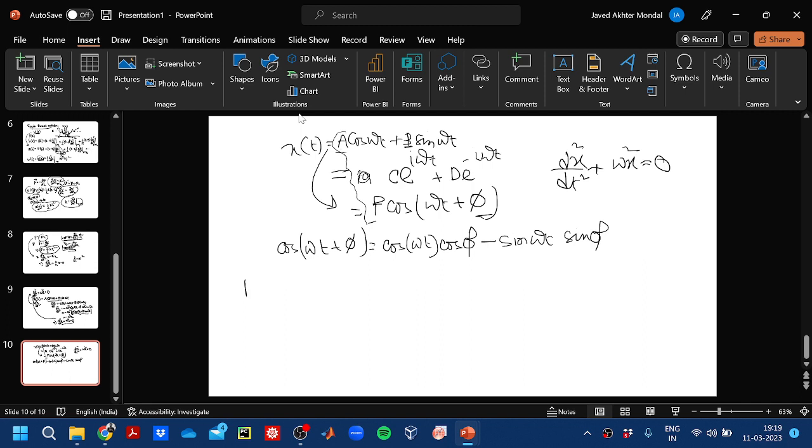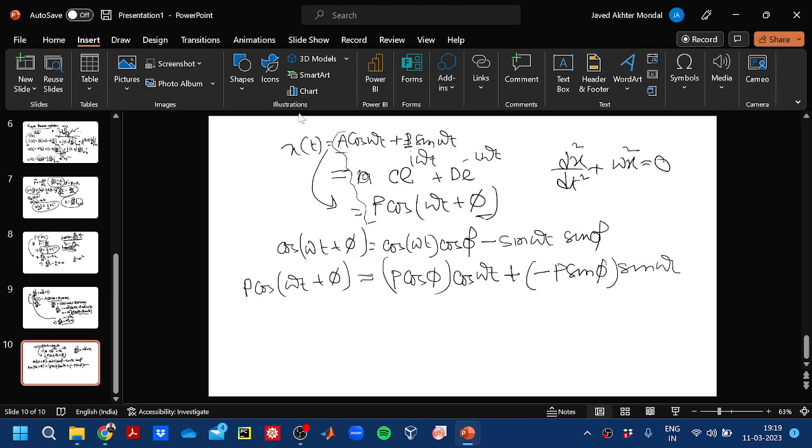So p cosine of omega t plus phi, we can write as p cosine phi multiplied with cos omega t plus minus p sine phi into sine omega t.